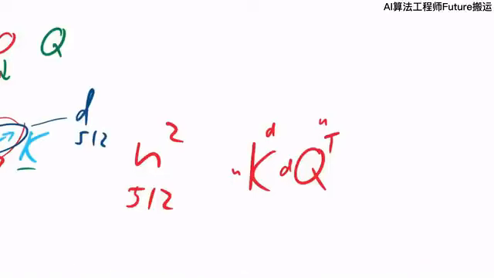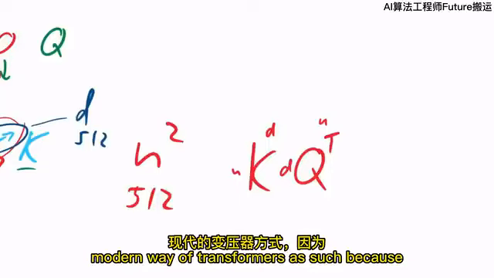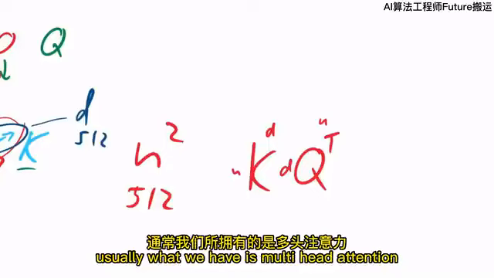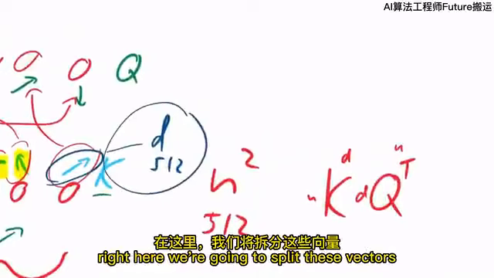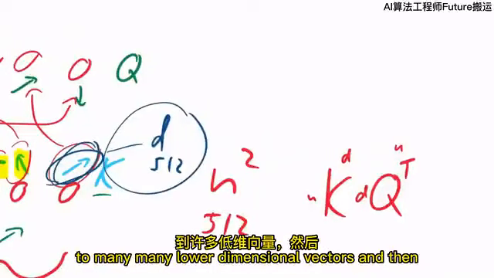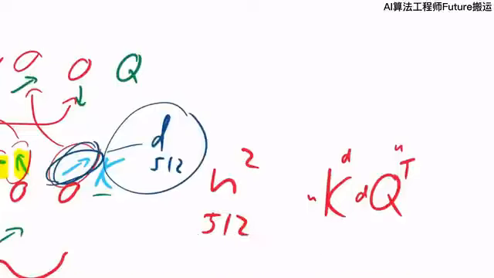Maybe it's approximately lower rank, but you know. Now, this isn't actually the modern way of transformers as such, because usually what we have is multi-head attention, which means that we're going to split this inner dimension right here. We're going to split these vectors into many lower dimensional vectors and then have an attention mechanism on these lower dimensional vectors.